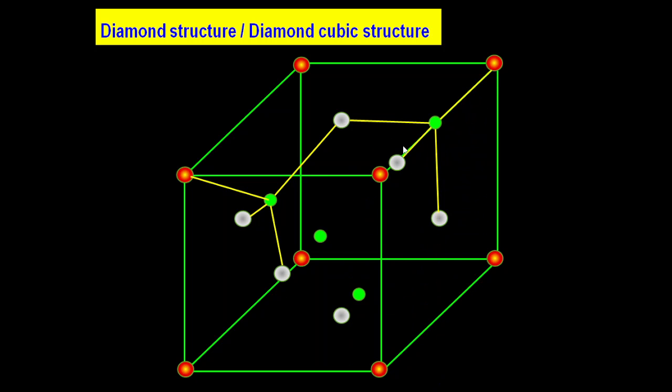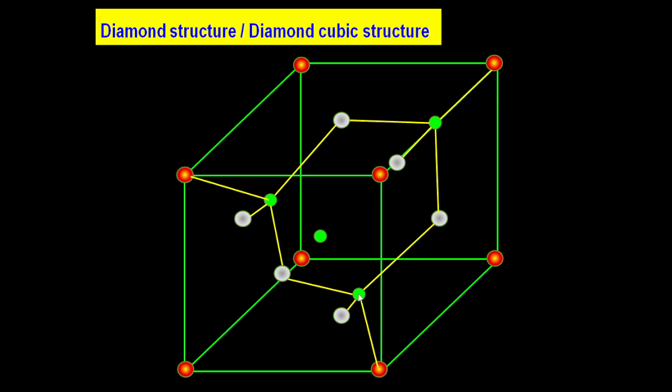Similarly, this atom is also tetrahedrally coordinated, one coordination to the corner atom, and 3 atoms are coordinated at the face centered atoms. Okay, so the coordination of this atom will be 4, tetrahedrally coordinated. Similarly, this atom is also tetrahedrally coordinated, one is at the corner and 3 atoms are nearby atoms which are at the center of the faces.